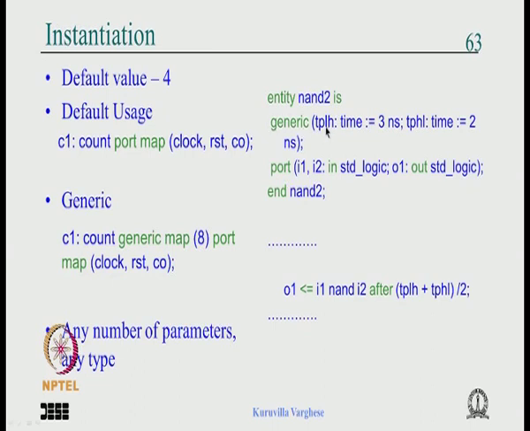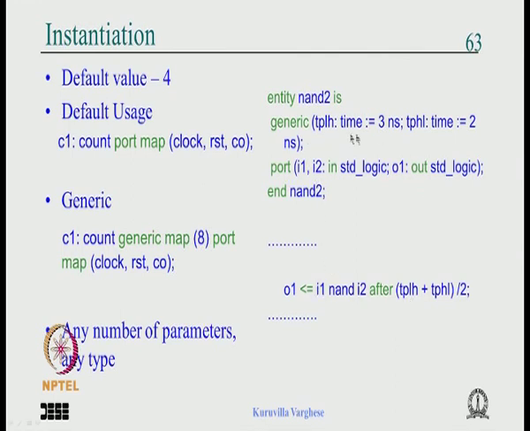TPLH, that is a propagation delay, is of type time, default value is 3 nanosecond, TPHL type time 2 nanosecond, and somewhere in the code we are going to write O1 is I1 NAND I2 after TPLH plus TPHL divided by 2, because normally we say after 10 nanosecond, after 5 nanosecond. So now this is given a proper average of the propagation delay.